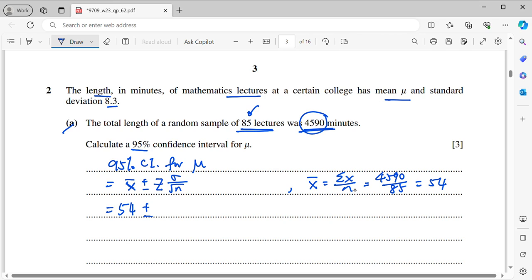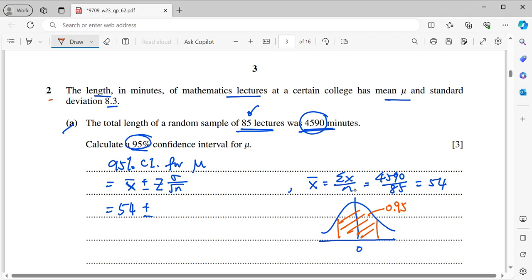Now this z value depends on 95%. So now draw the graph, a normal graph. 95% means that in between is 95%, which is also 0.95.